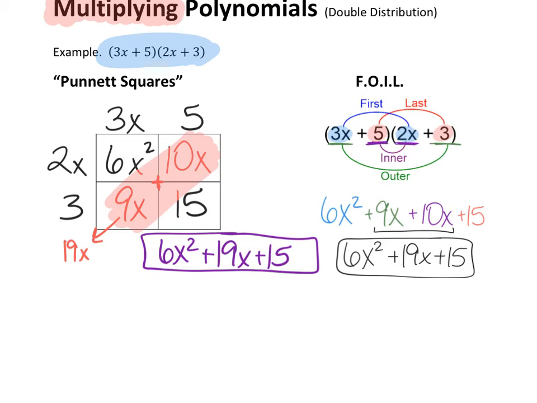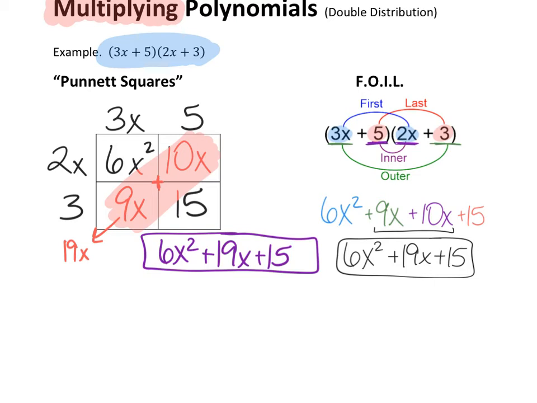And then pretend like this part doesn't exist. Isn't this 5 times 2x and then 5 times 3? We've distributed twice, aka double distribution. Mind blown. But if you have a binomial times a binomial, it spells out FOIL: first, outer, inner, last.